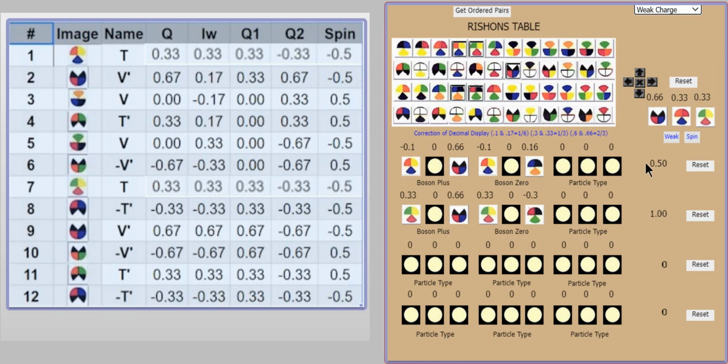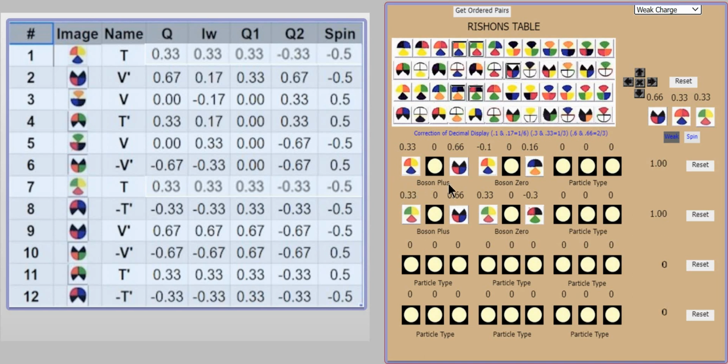So we can change the weak isospin on this outer Rishon expression so that now we have a weak charge of 1.